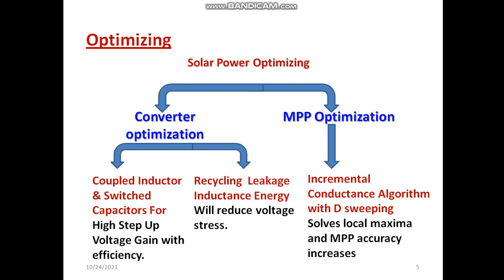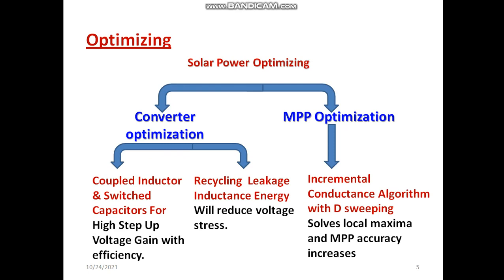I have selected this type of converter by referring to various papers through literature review. And to increase the tracking accuracy, I have used a maximum power point algorithm, that is called MPP optimization. I have used the conventional incremental algorithm with a certain modified technique, called the duty sweep technique.